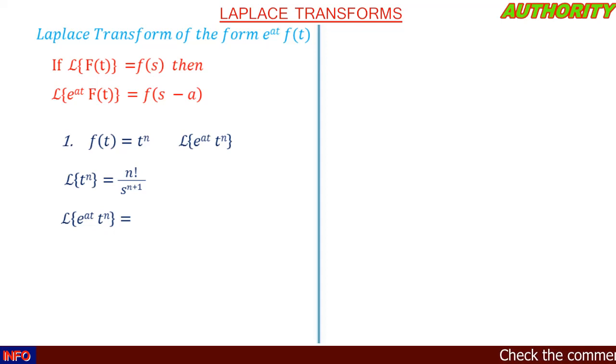From the first translation property, look at this. When the Laplace transform of f of t gives you F of s, then the Laplace transform of e raised to the power of at f of t gives you F of s minus a. Please look at this very well.